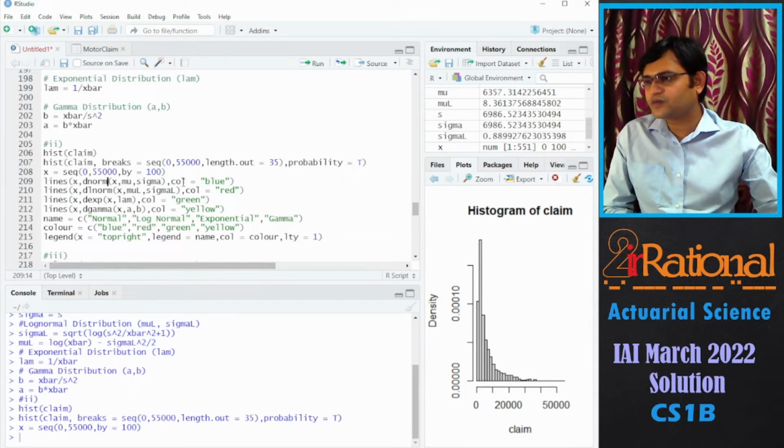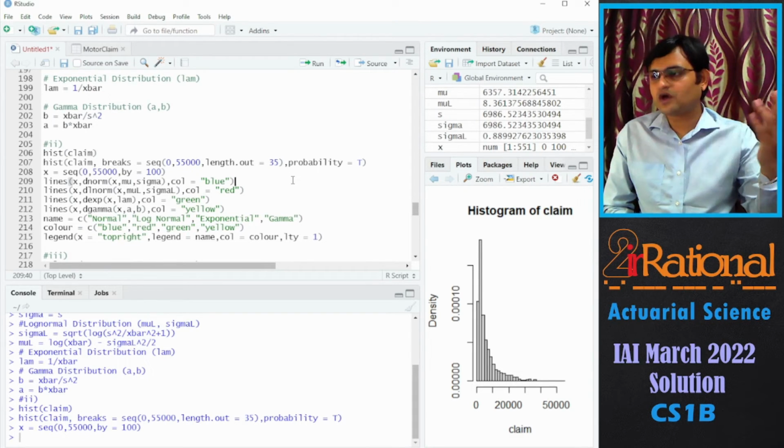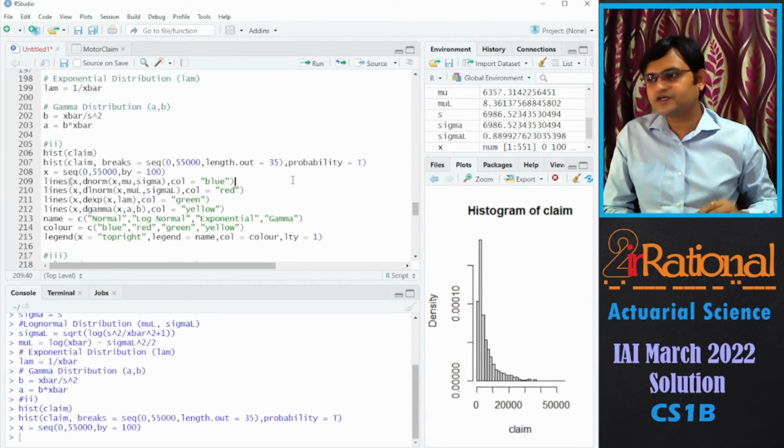So I have taken normal distribution with blue, log normal with red, exponential with green, and gamma with yellow. You can choose any colors, just make sure they are different. Then we'll say our line will be x and d, whatever distribution we are talking about, x comma the parameters, and then the color. You can definitely change line type, width, whatever you want. This I find the easiest.